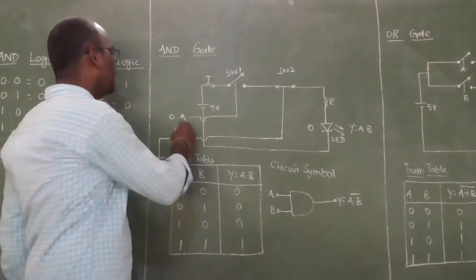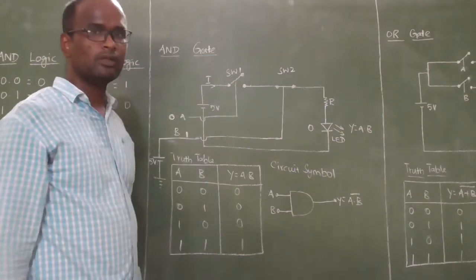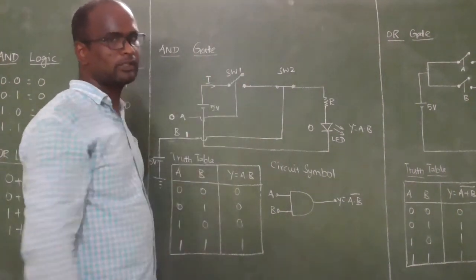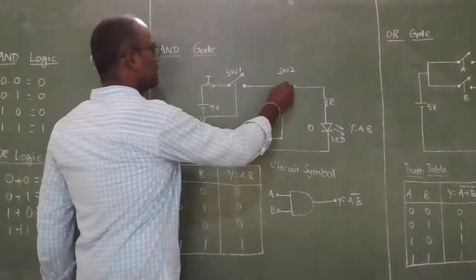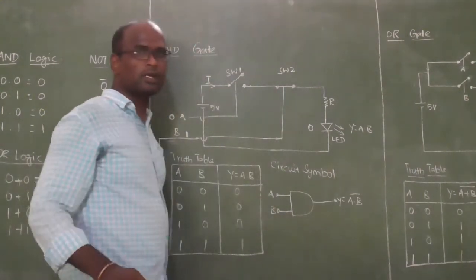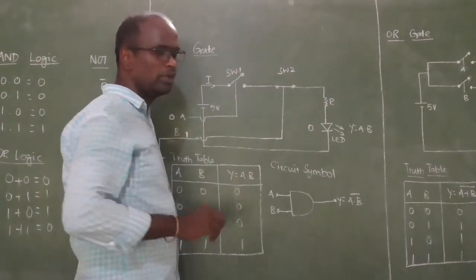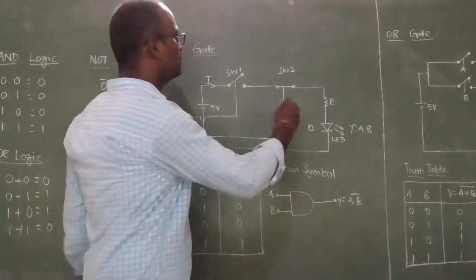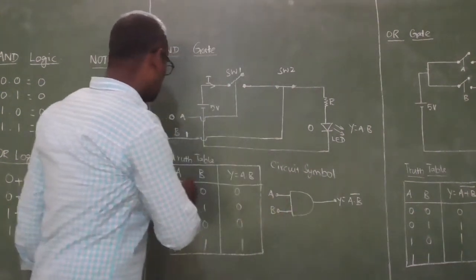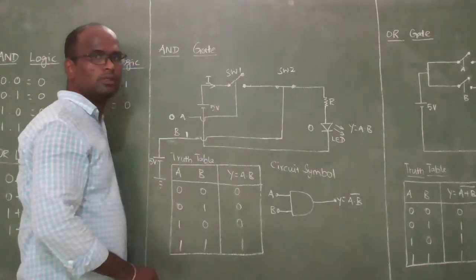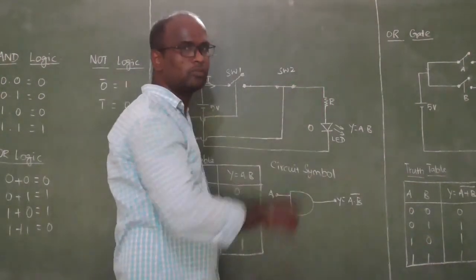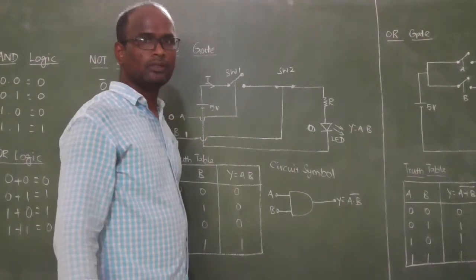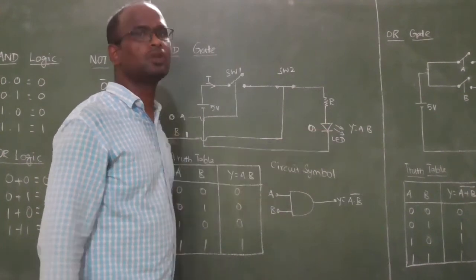Why? Because we applied 0 for that input, for that switch. Therefore, there is no full path for the current I. Even though switch 2 is on, switch 1 is open, so there is no current path to the output. So for the combination of input 0, 1, the current is not flowing into the output. Therefore the output becomes 0, and the LED will not glow.